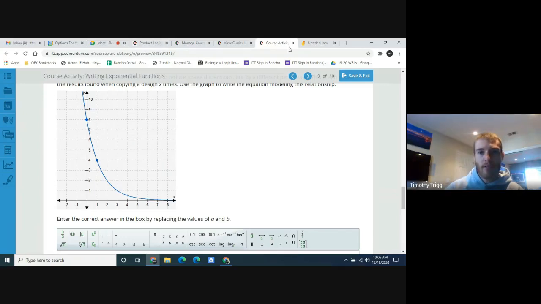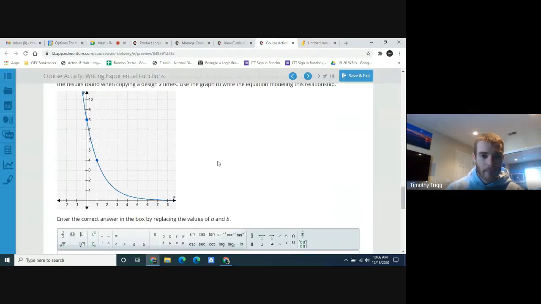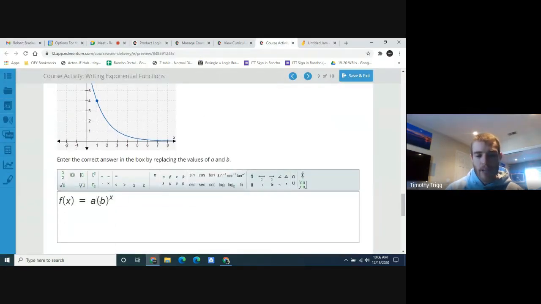It went from 8 to 4 to 2. So what's the decay rate here? Okay, see if you can figure that out, and replace A with the starting amount and B with whatever that decay rate was.